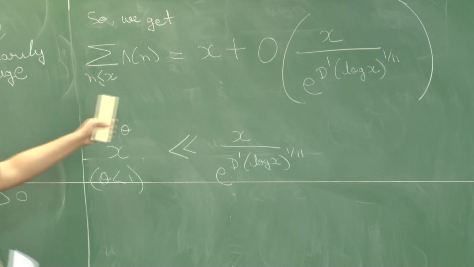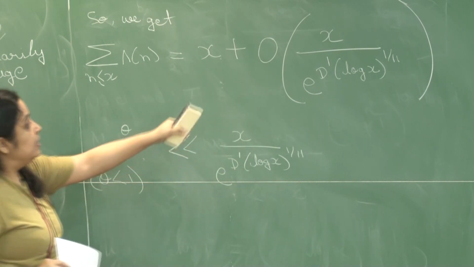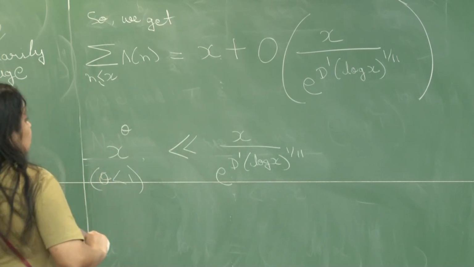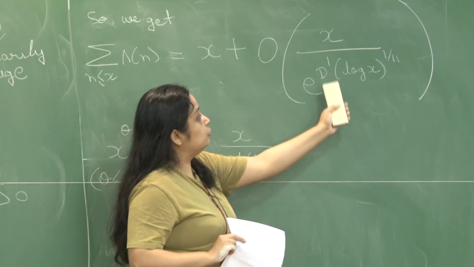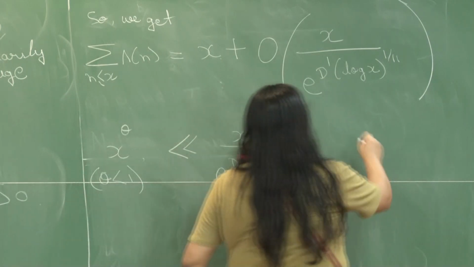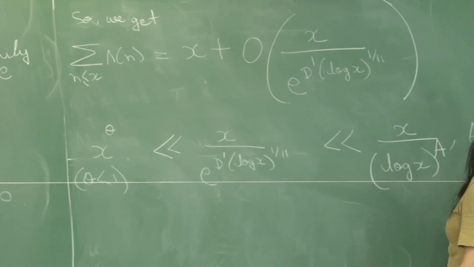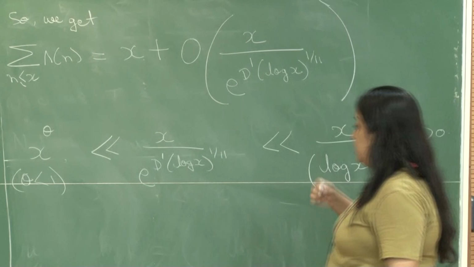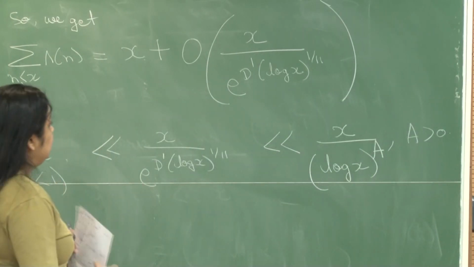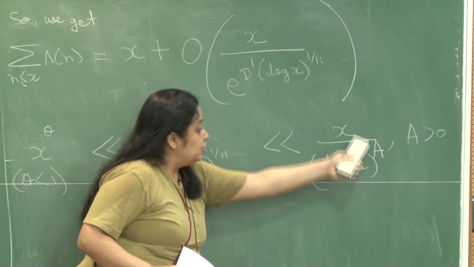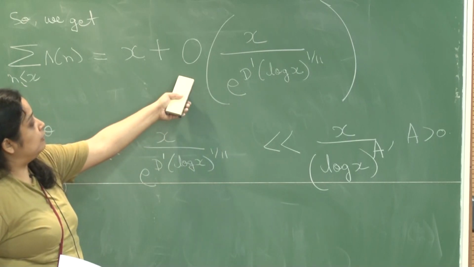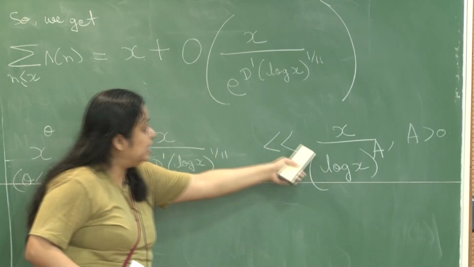And in particular, as a corollary of what you have, because of what we just wrote here, that this is dominated by x over any power of log x, arbitrarily large, okay, this is actually a consequence of the error term you have obtained here, but this dominates, this is bigger than this.